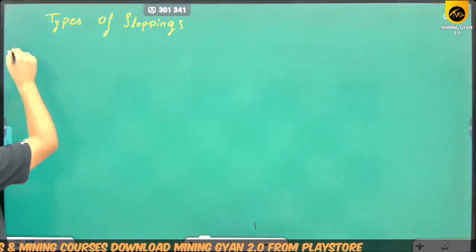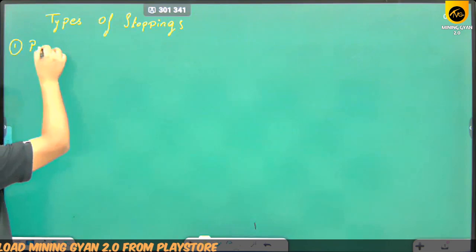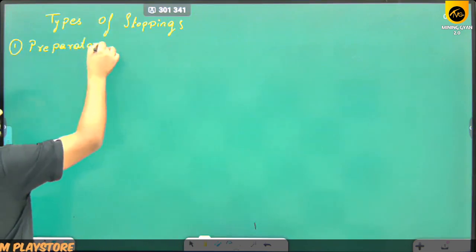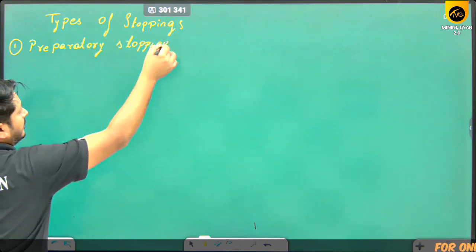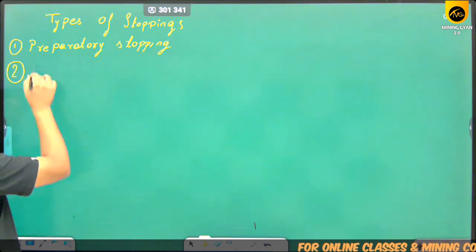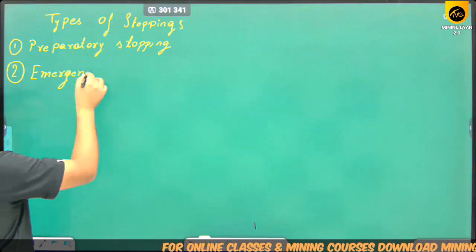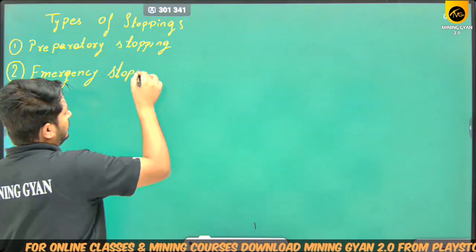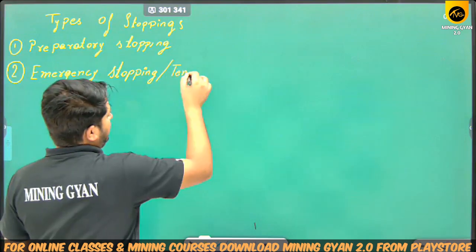So types of stopping. First of all, number one is the preparatory stopping. Number two is the emergency stopping or temporary stopping.